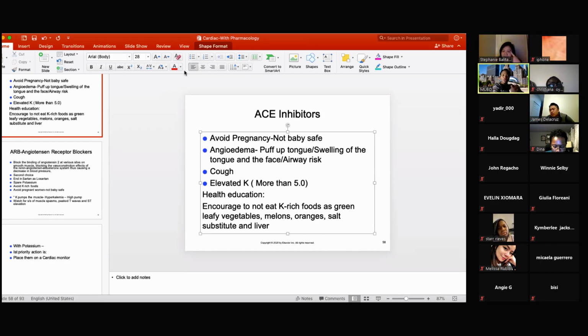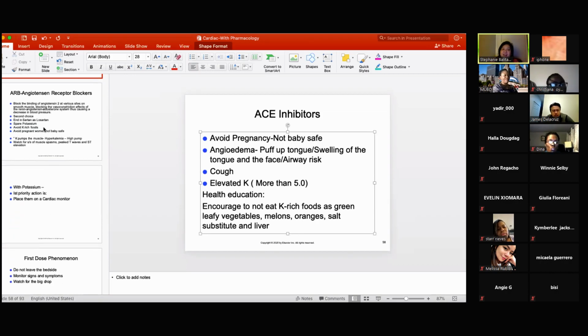The patient should stop, okay, that's the answer. So you have to stop because these are things that we have to watch out for. So if it's occurring, then it can't be something good. So ACE for ACE inhibitors, okay?